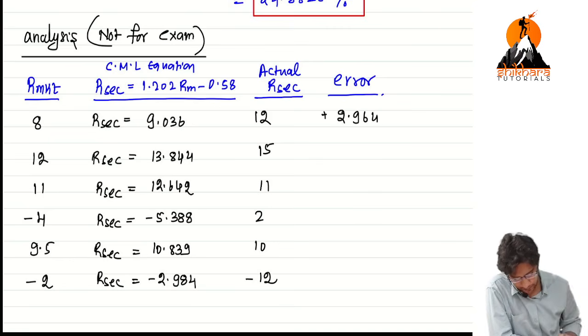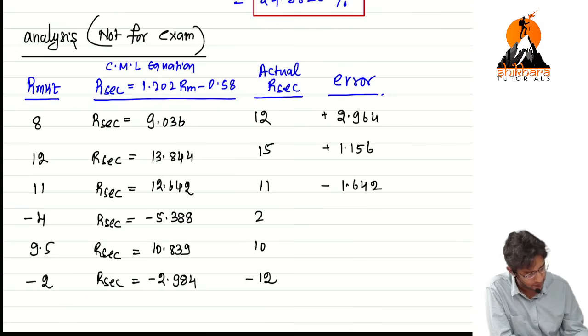This is a positive error. 15 minus 13.844 is 1.156, a positive error. 11 minus 12.642 is a negative error, 1.642. 2 minus of minus 5.388 means plus 5.388, that is 7.388, a positive error.